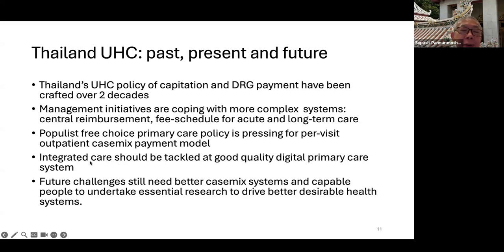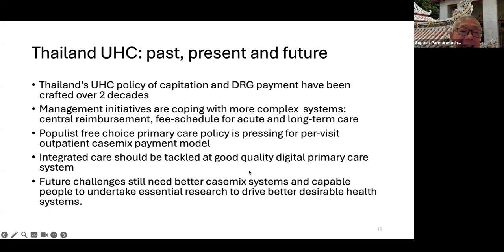We should think of the information or payment models, or the advances in information technology, that can support integrated care. Integrated care should be tackled with a good quality digital primary care system.